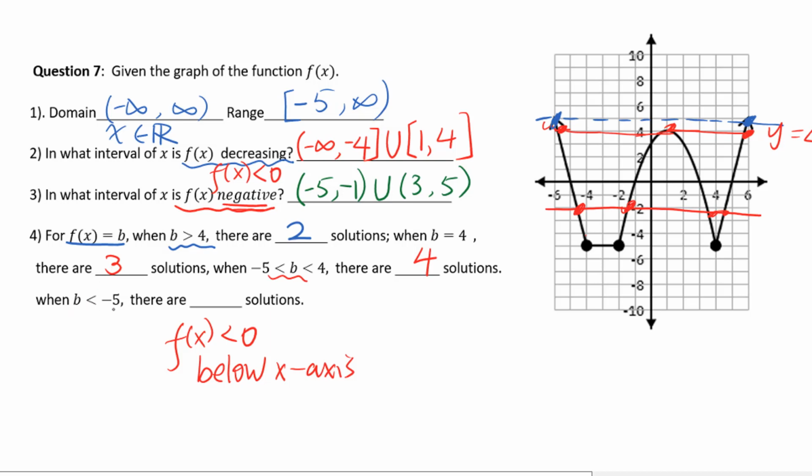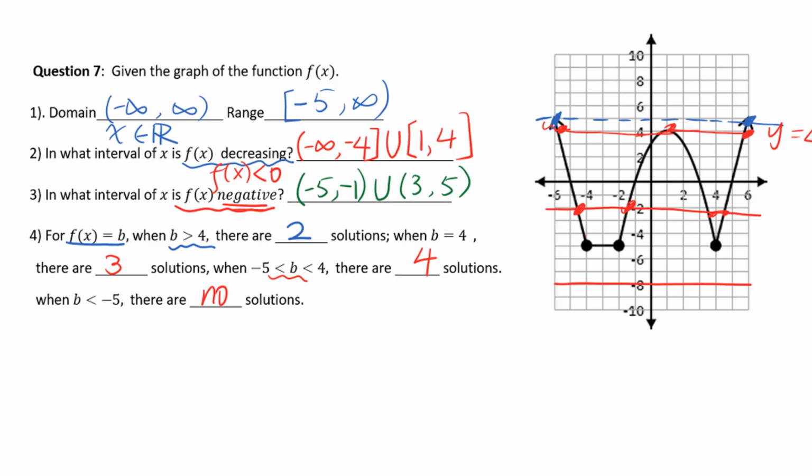When b less than -5, draw a line. This is less than -5. No intersection with this f of x, so no solutions. Think about when b equals -5, how many solutions?